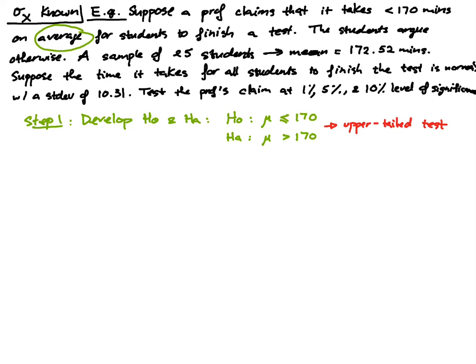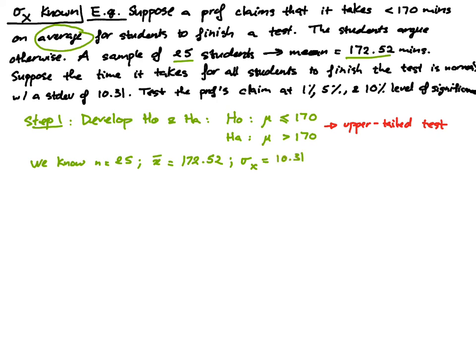So let's go ahead and list what we know. We know that the sample size is 25 because we have a sample of 25 students. A sample mean of 172.52, that's given. The population standard deviation is 10.31.